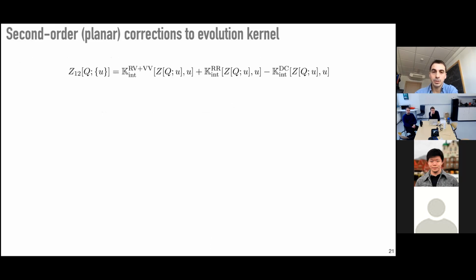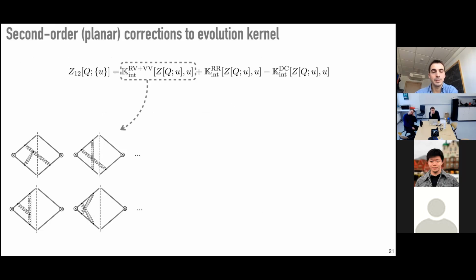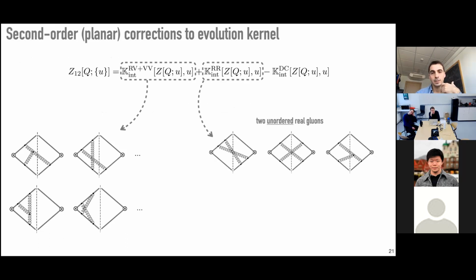But the crucial thing is that this is broken into 3 pieces. As the names suggest, one piece includes the double virtual and real-virtual corrections to the exchanges of radiation within the color dipole that we are correcting. Then one term encodes the double real correction, so the exchange of up to 2 soft gluons within the dipole.